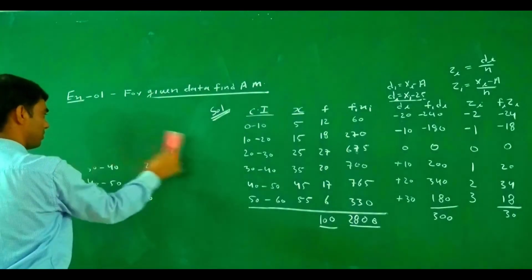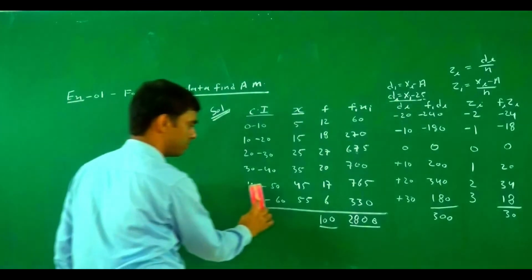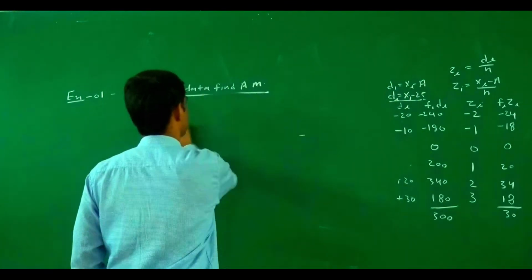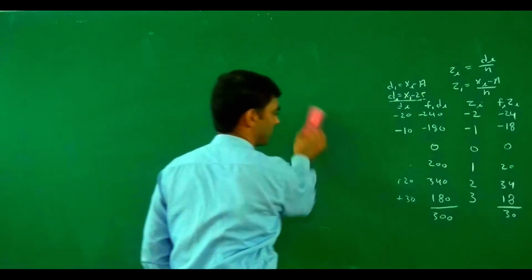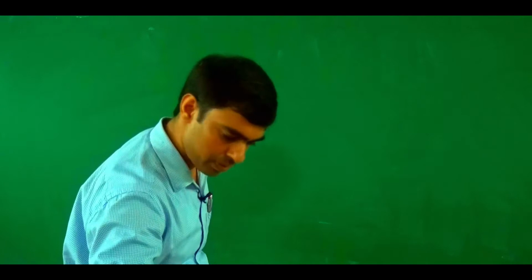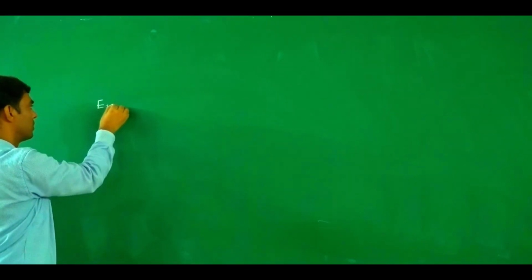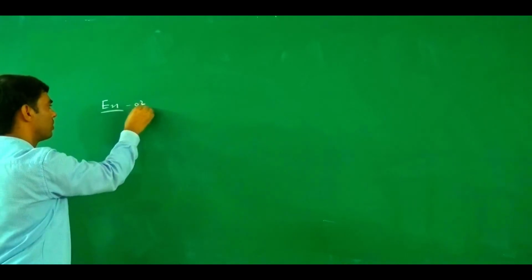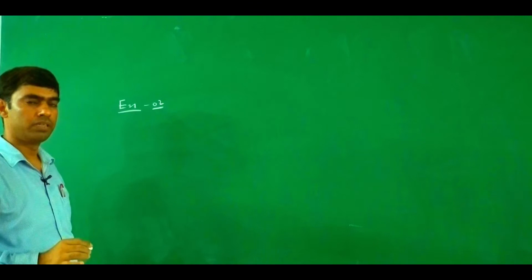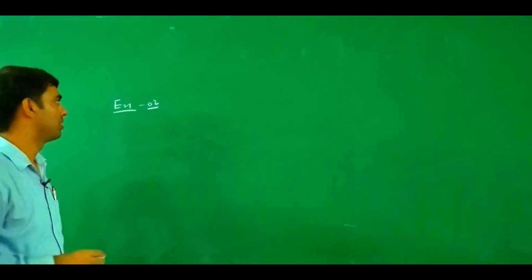So this one is for grouped data. Now data is given in ungrouped form, meaning the class interval is not given. So example 2 is this, where the data is not given in group form.